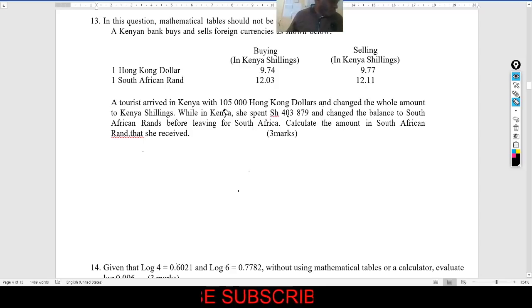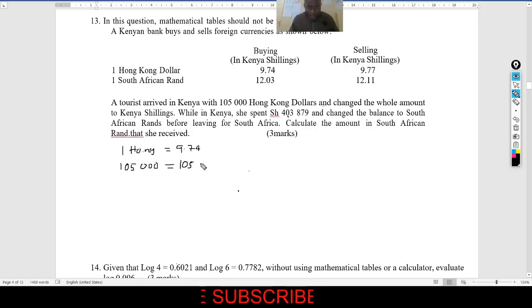We say that 1 Hong Kong dollar equals 9.74 Kenyan shillings, so 105,000 Hong Kong dollars will be equal to 105,000 times 9.74.